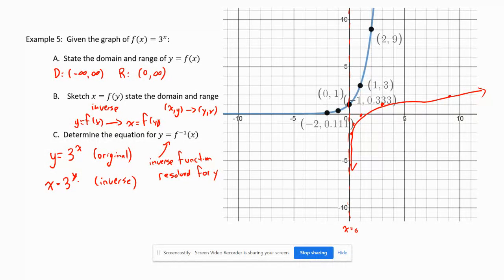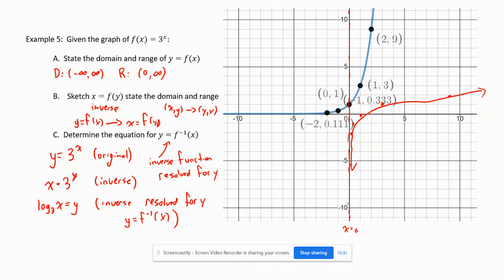So in this case, if we want to resolve for y, that means we get log base 3 of x equals y. So this is the inverse resolved for y, same thing as y equals f inverse of x.